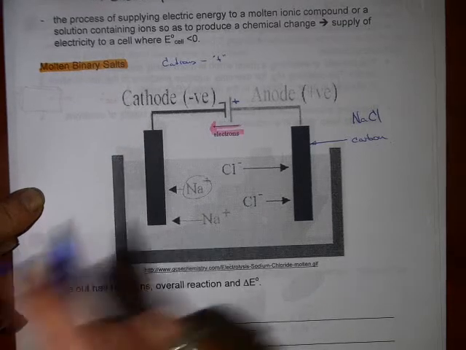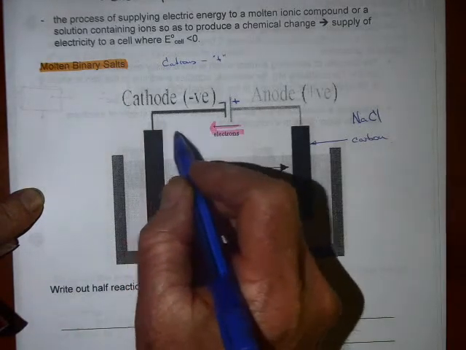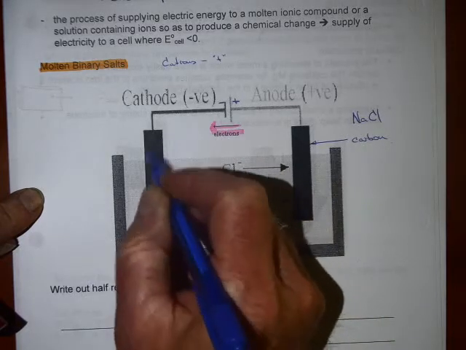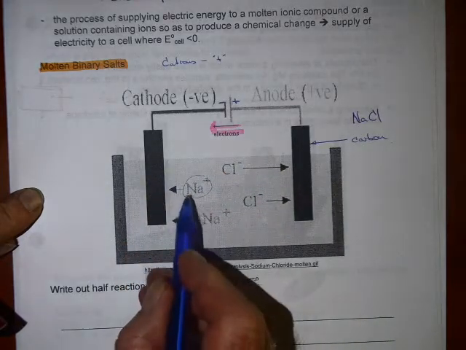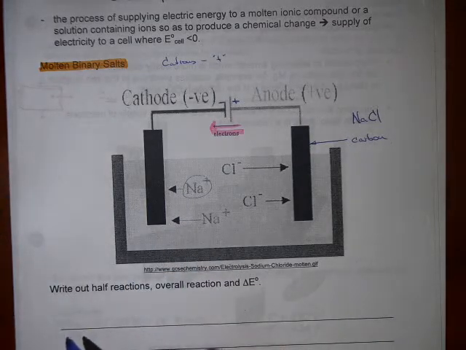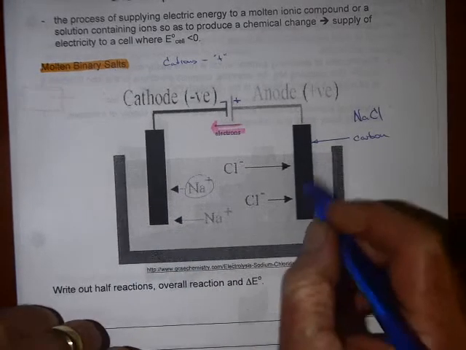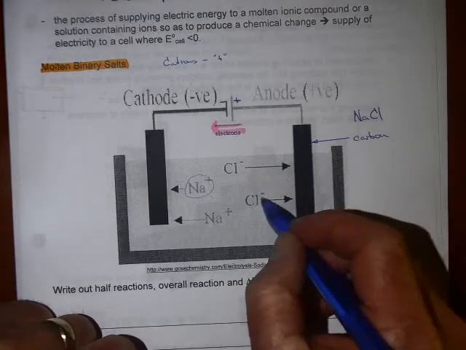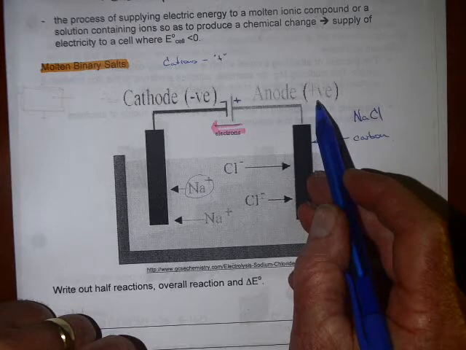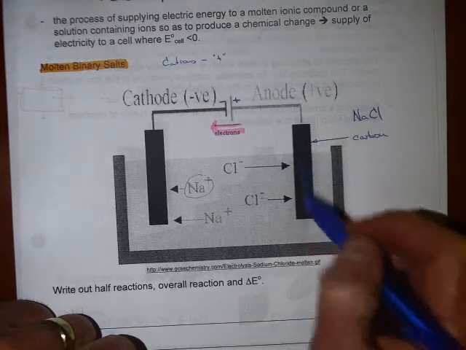Why is that? Because they are negative. These develop a negative charge, so they're attracted that way. Okay, and at the same time, the chloride ions are going to be attracted to the positive anode, and where they will give up their electrons.